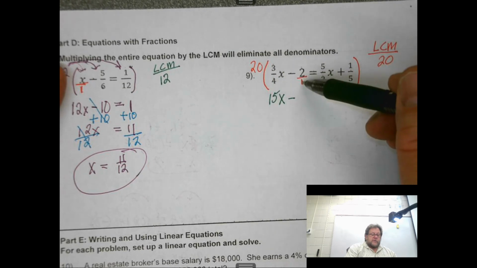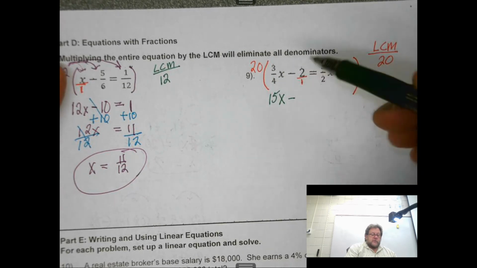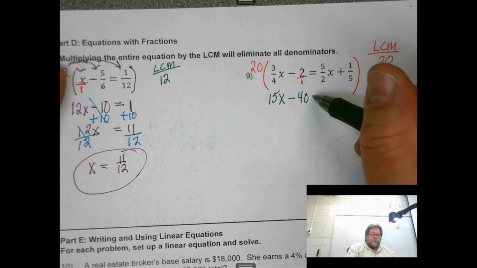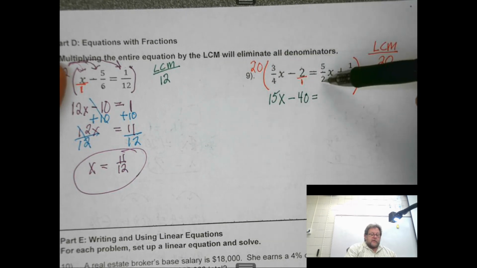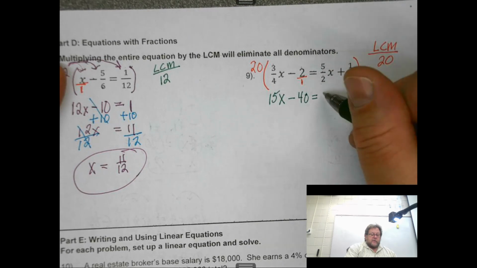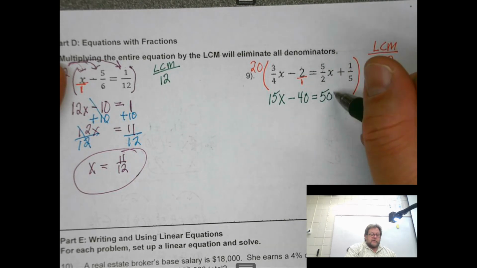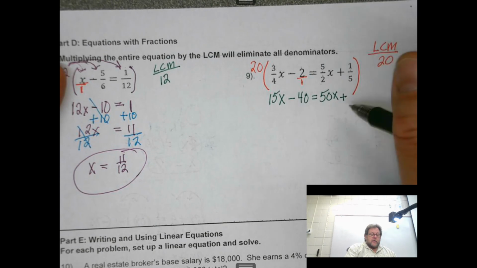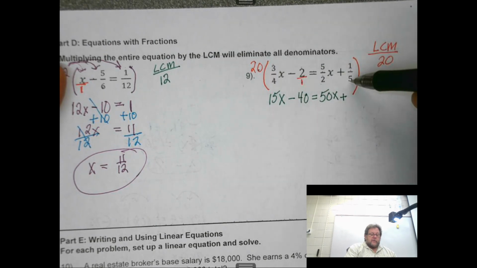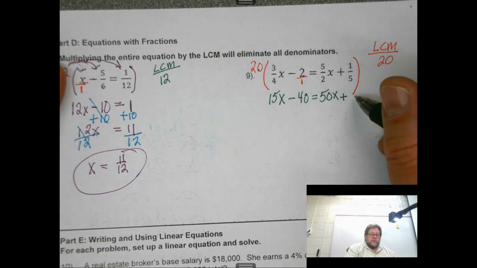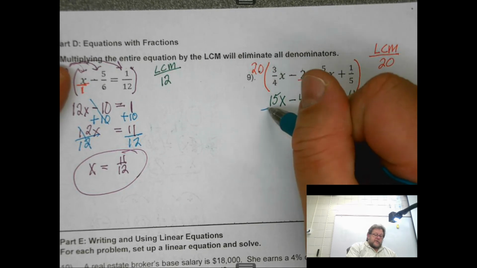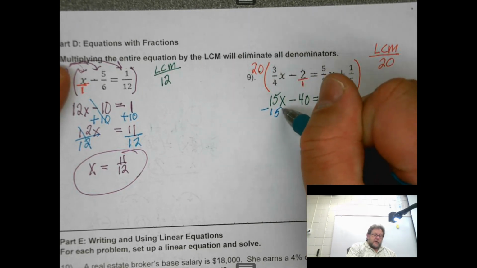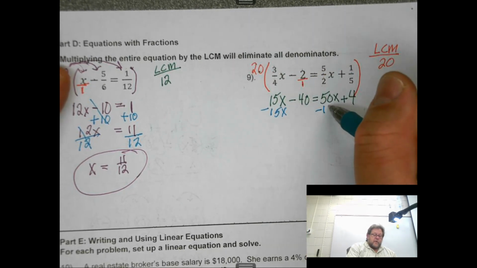Now I solve for x. I'm going to subtract 15x from both sides. Be careful, bring down the minus 40. 50x minus 15x is 35x. Bring down the 4. Subtract 4 from both sides.